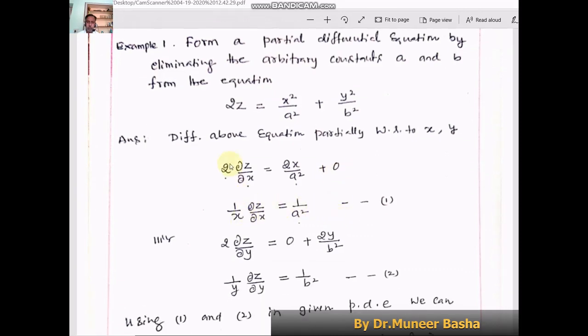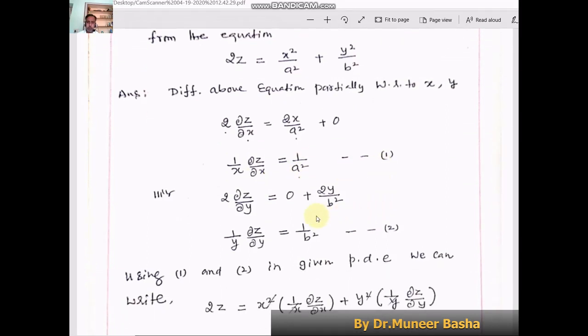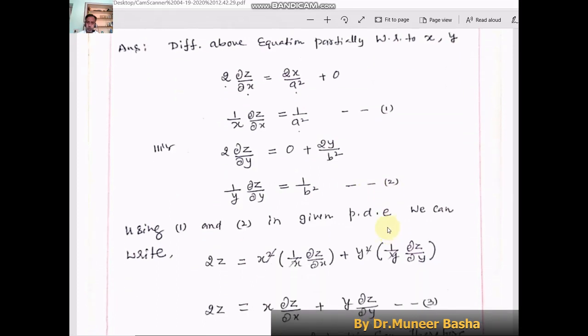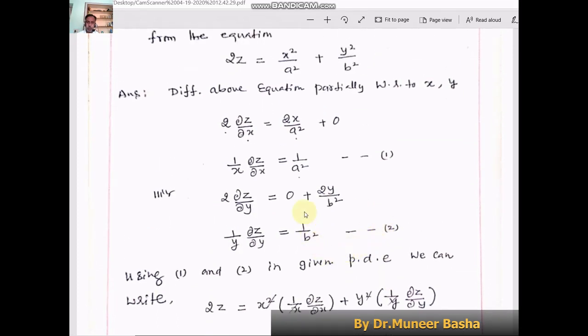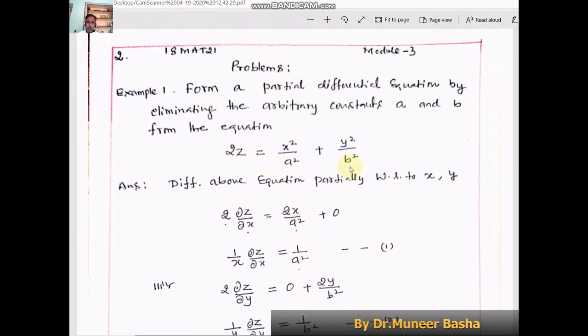Then the 2 can be cancelled and cross multiplying, you will get (1/x) ∂z/∂x = 1/a². Call it equation 1. Similarly with respect to y, if you differentiate, (1/y) ∂z/∂y = 1/b², that is called equation number 2. Now use these values of 1/a² and 1/b² in the given equation.